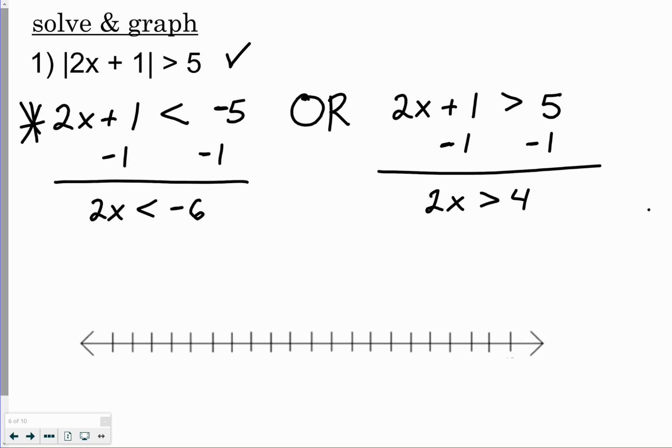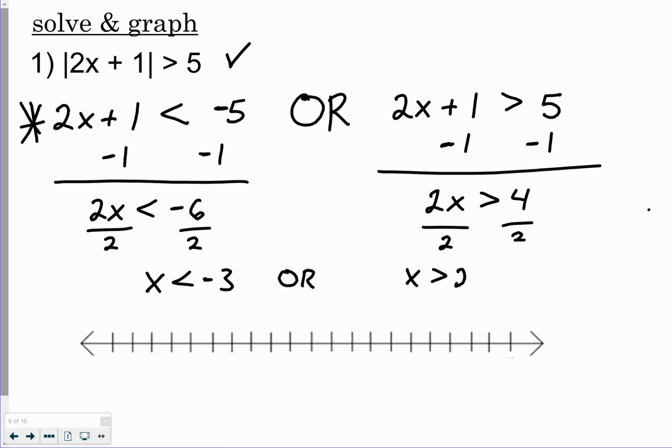It's a teaching tool where you just pause for a second, because I'm going faster than you. Now to get those 2's to go away, you're going to divide both sides by 2. So x is less than negative 3, or x is greater than 2.